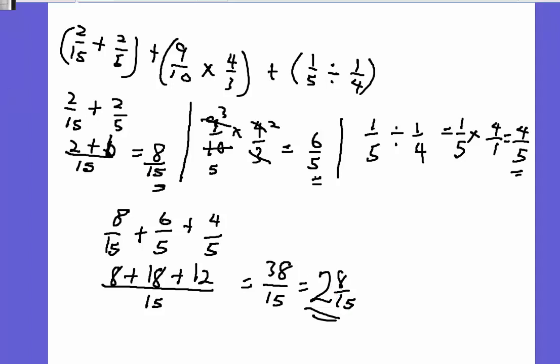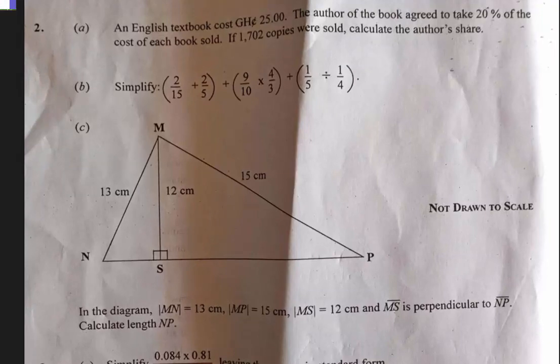Now to the next one, which is the C. Now the C question, let's look at the diagram. NSPM. Good. And looking at this point, that is a right angle triangle, 2 different right angle triangles. And therefore in the diagram MN is 13. Of course you can see that MN is 13.